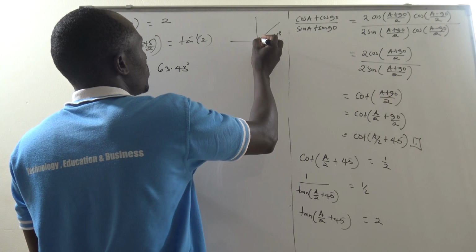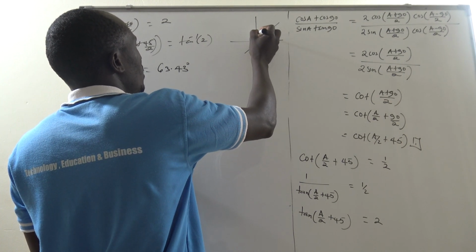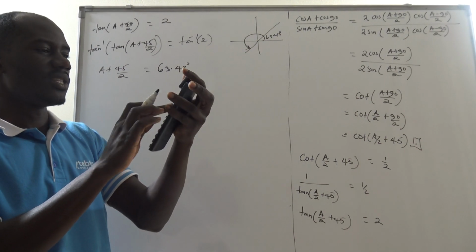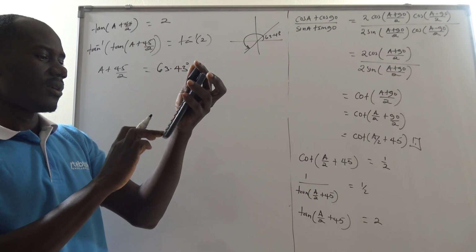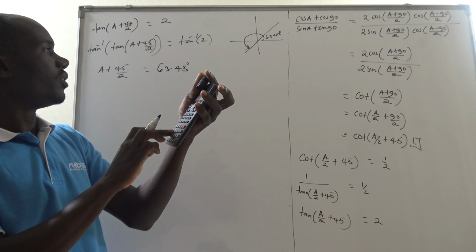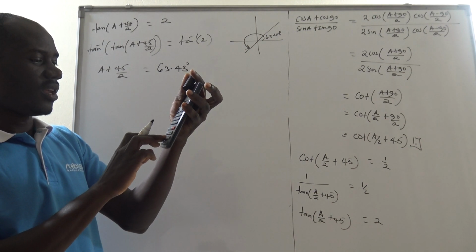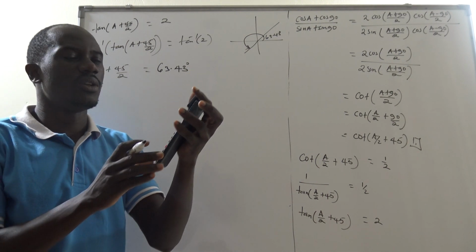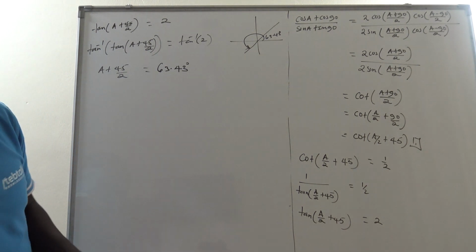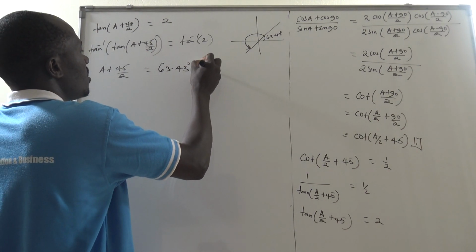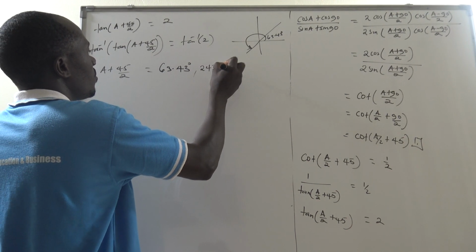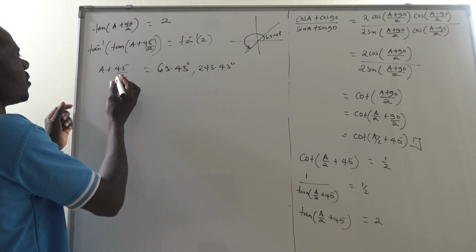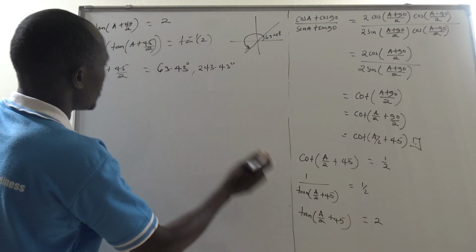Tan is positive again in the third quadrant, so we add: 180 plus 63.43, and we come out with 243.43 degrees.